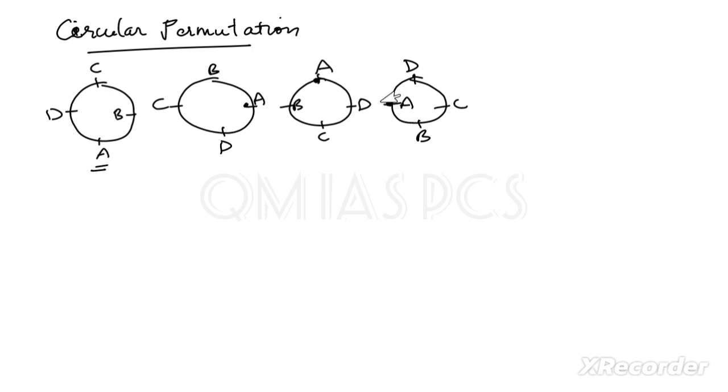If you read the linear combination from this point, it will be A, B, C, D. For this one, it will be D, A, B, C. This one will be C, D, A, B, and this one will be B, C, D, A.